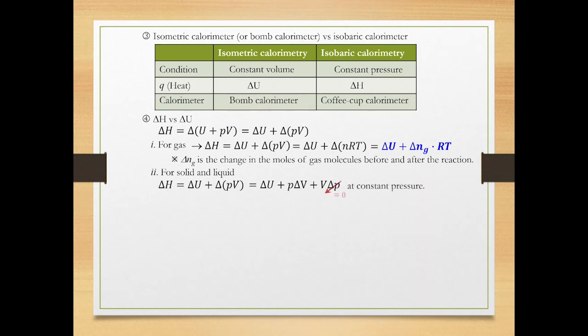Under constant pressure condition, delta P is 0, and the delta H is simplified to delta U plus P delta V. Since there is almost no change in volume in the reaction that involves only solid or liquid or both, delta V can be approximated to 0. Consequently, delta H is almost the same as delta U. The heat transferred at constant pressure is enthalpy.